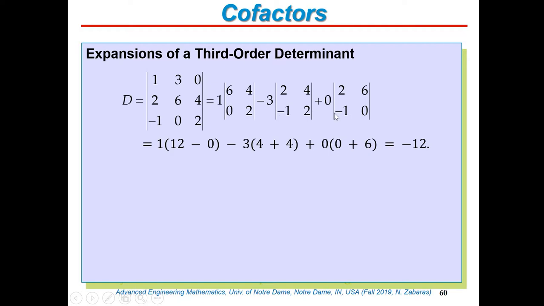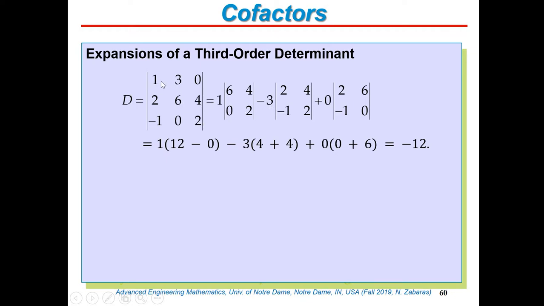In the equation that you see on the top, I'm expanding in the first row. The first row has elements 1, 3, 0. For example, the cofactor for the element 1,1 is, if you eliminate row 1 and column 1, the matrix 6, 4, 0, 2.